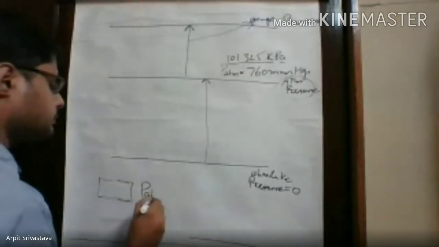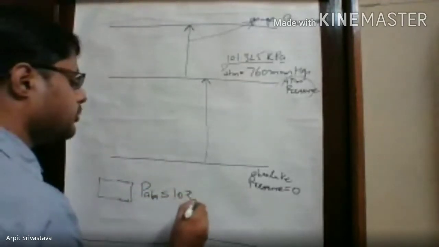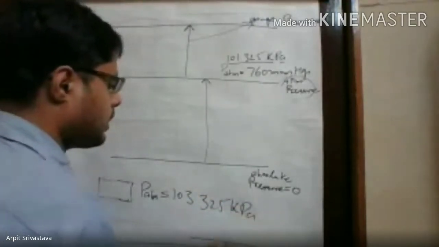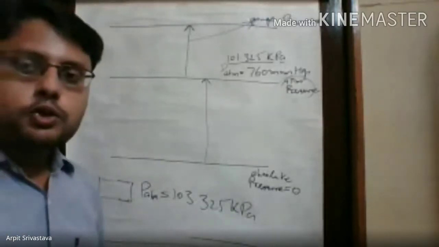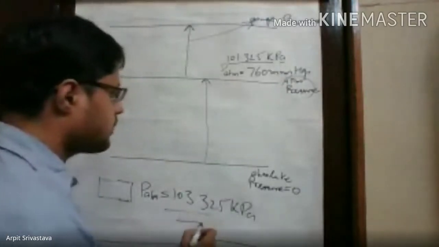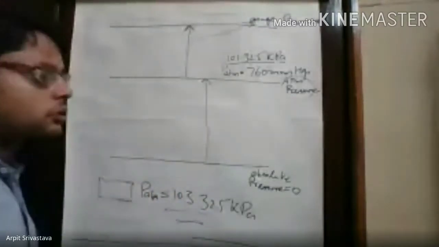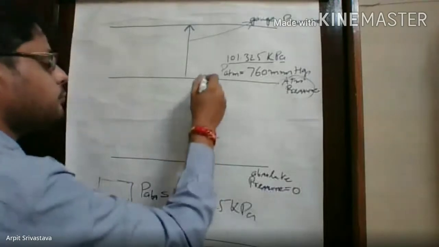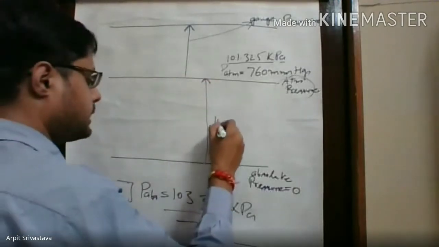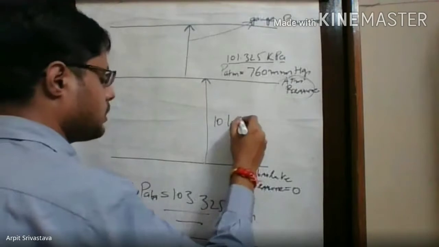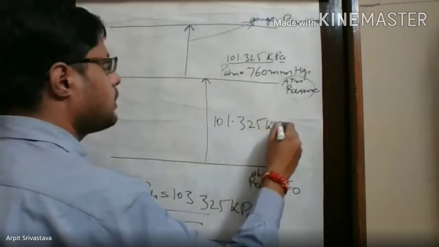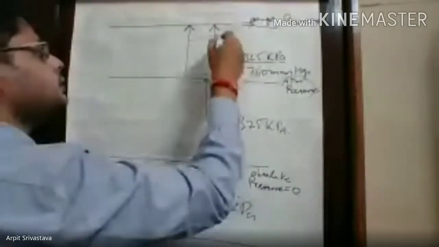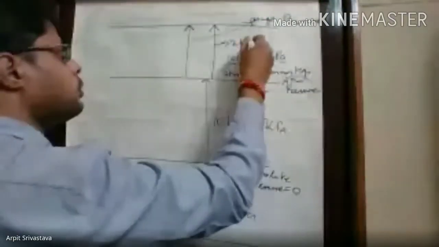Suppose a body has absolute pressure 103.325 kilopascal. If we want to show this pressure in this diagram, we can clearly see that from that point to that point, the difference is 101.325 kilopascal, and this difference is 2 kilopascal.